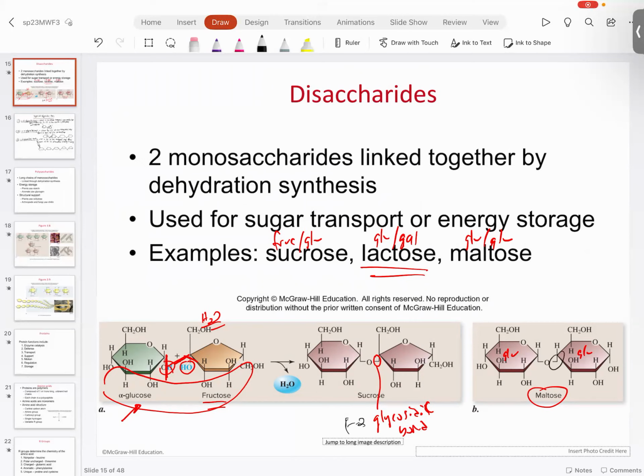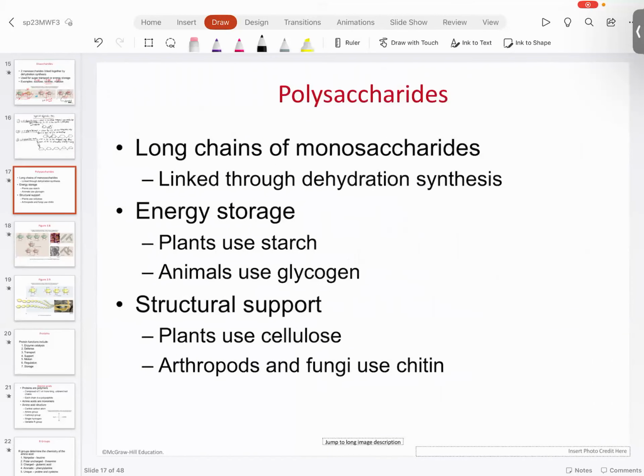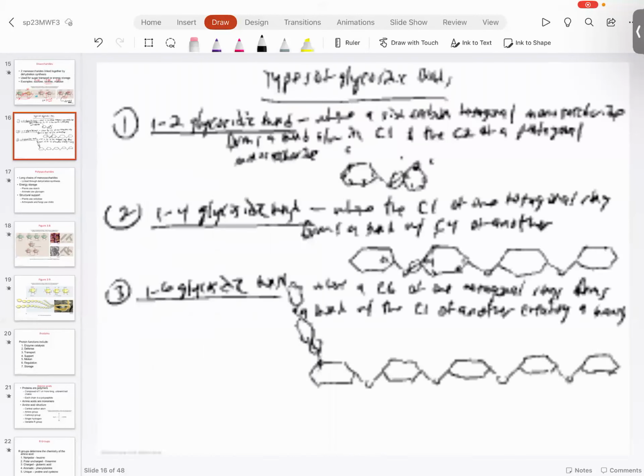This one here is going to be a 1-4 glycosidic bond between the 2 stereoisomers. Does that make sense? This one?